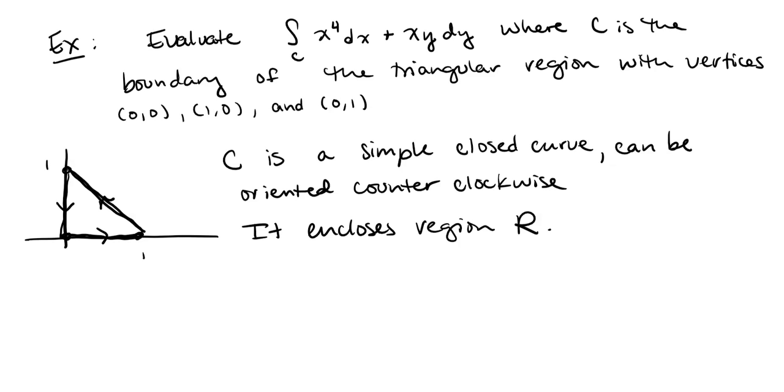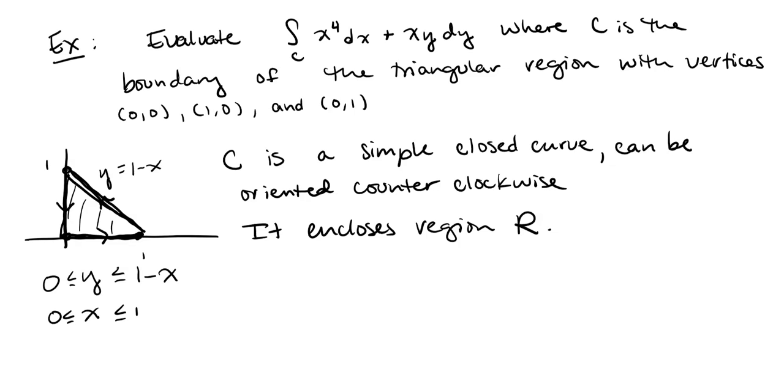So instead, let's look at the region R that it encloses, which is a very simple region. Notice this line here is the curve y equals 1 minus x. It's got a slope of negative 1 and a y-intercept of 1. So to describe the region R is very simple: y goes from 0 to 1 minus x, and then x goes from 0 to 1.